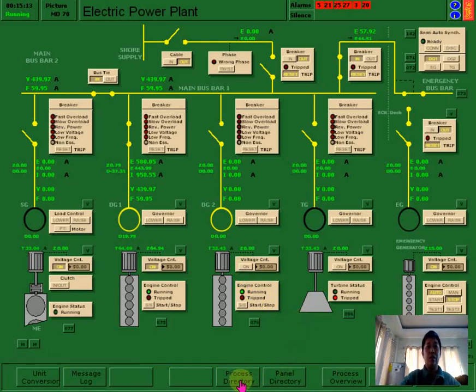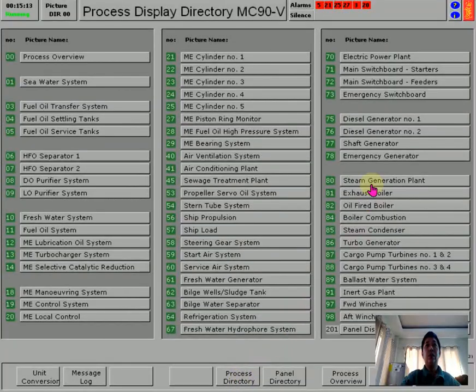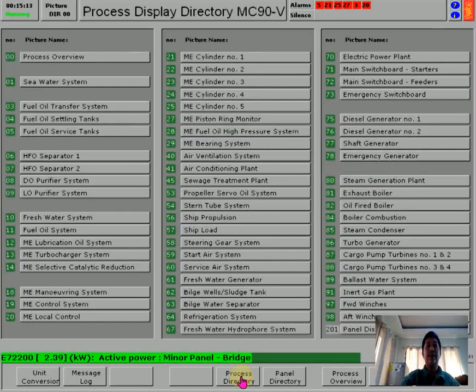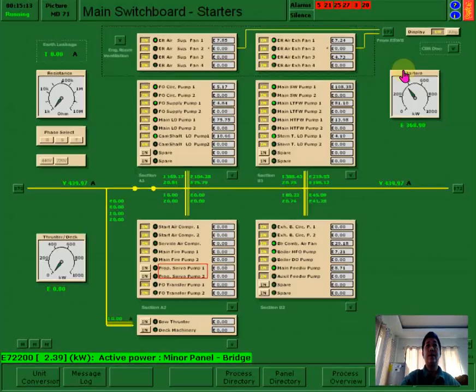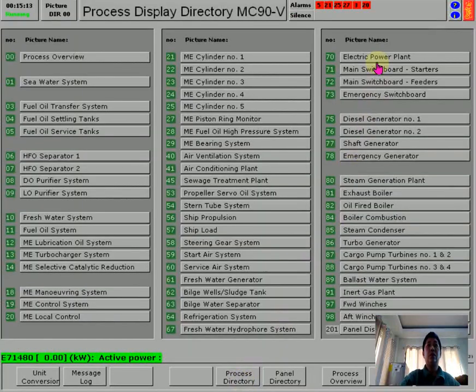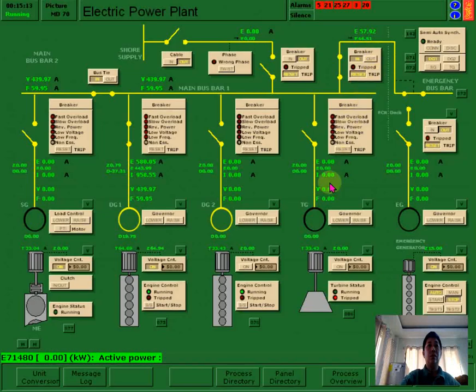I'll check the feeders. All are connected. Starters, all are in. I'll try the voltage controller again.